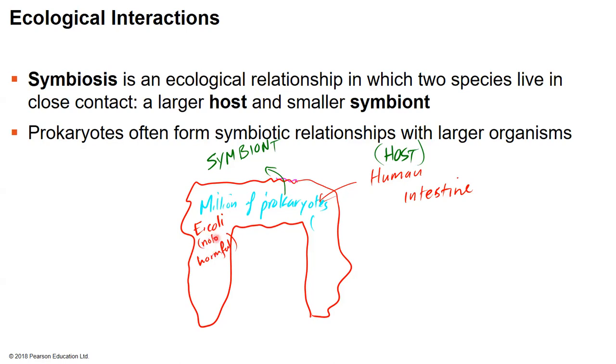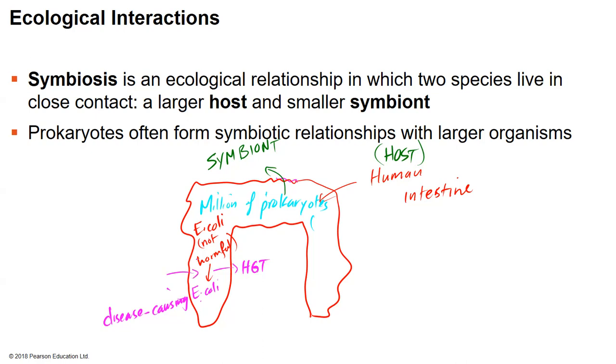But some E. coli can acquire virulence genes by horizontal gene transfer, like transduction or transformation, and they could become harmful bacteria, or E. coli that cause disease, okay? Disease-causing E. coli.